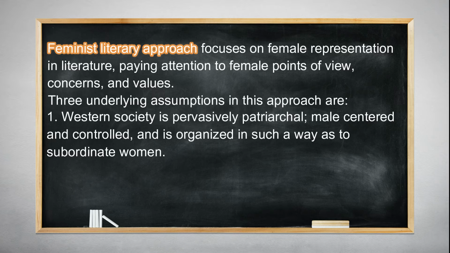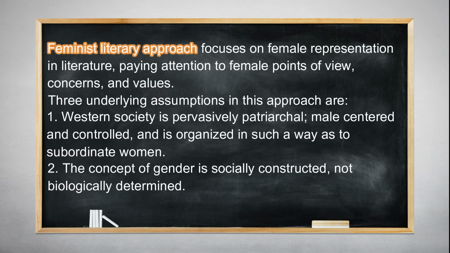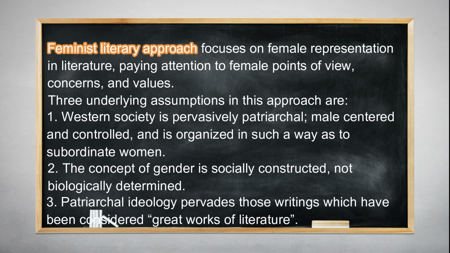Western society is pervasively patriarchal, male-centered and controlled, and is organized in such a way as to subordinate women. 2. The concept of gender is socially constructed, not biologically determined. 3. Patriarchal ideology pervades those writings which have been considered great works of literature.